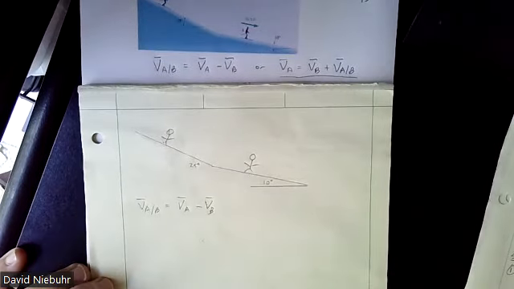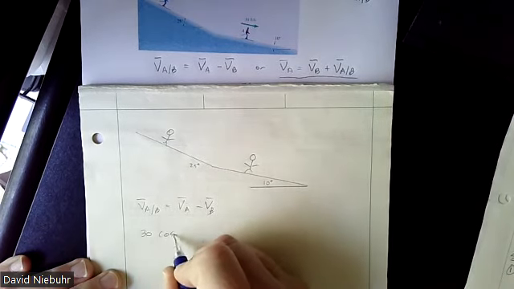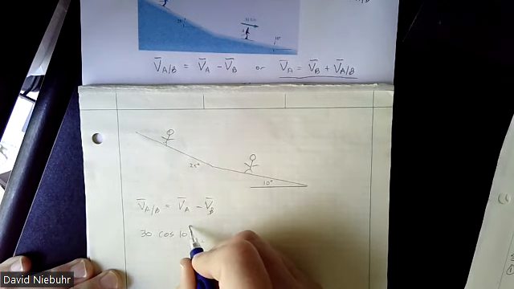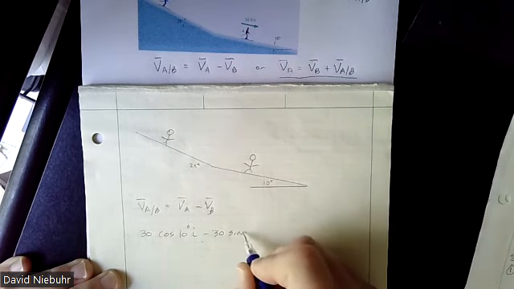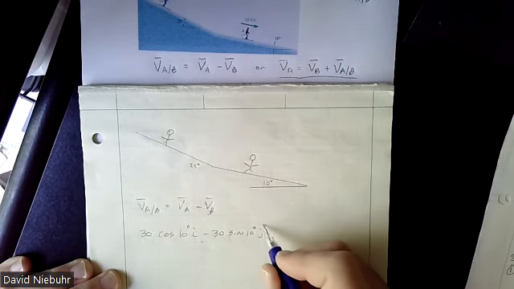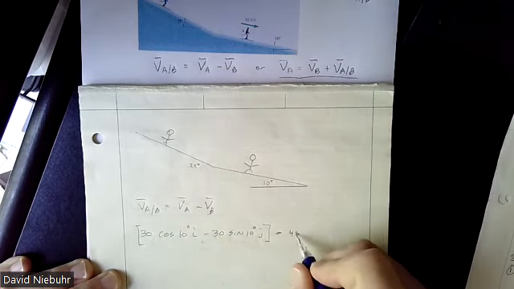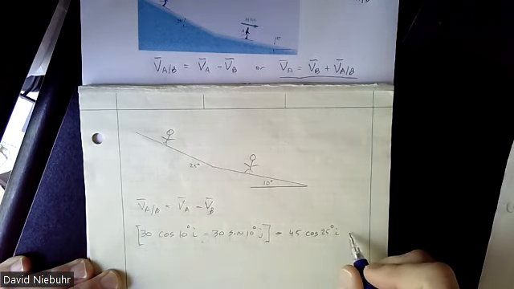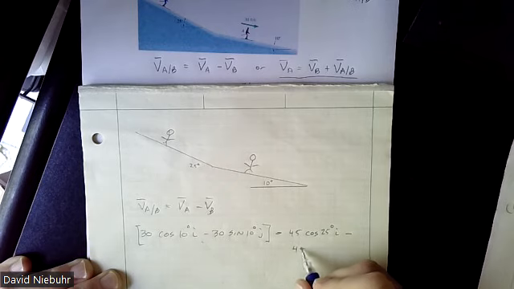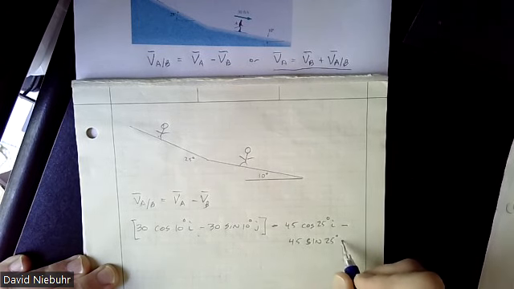Now if I draw my vector, I have 30 cosine 10 degrees i minus 30 sine 10 degrees j, and that's all subtracted with 45 cosine 25 degrees i minus 45 sine 25 degrees j. Sorry to run out of space.